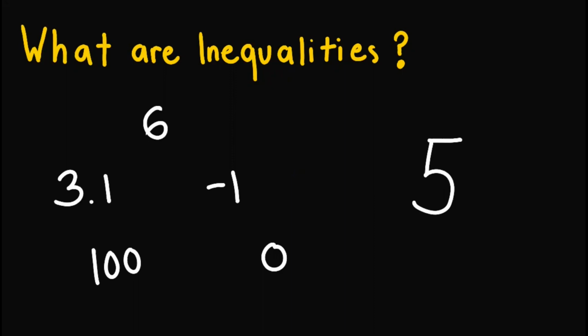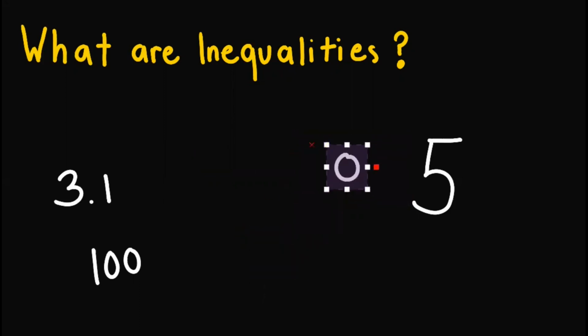Well, we know that in real numbers, if we compare 6 to 5, comparing the value, not the size, since clearly 5 is bigger, we know that 6 is greater than 5. For -1, we know that -1 is less than 5.